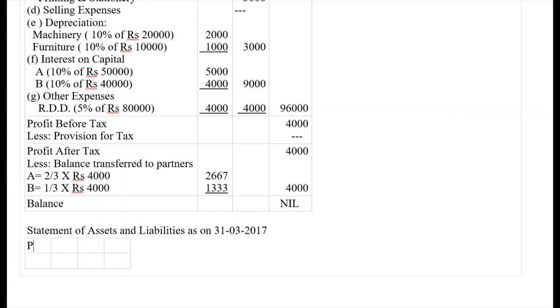So particulars, rupees. So the first one here is the contribution and the liabilities. So let's call this contribution and liabilities.